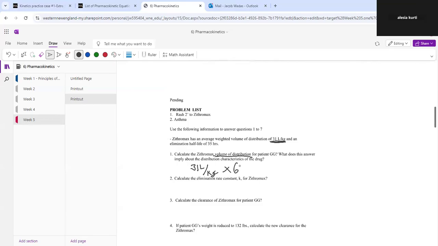So times 64, that's going to equal 1,984 liters. Do you guys know what that means? Yes, this means that Zithromax is very well distributed within the body.